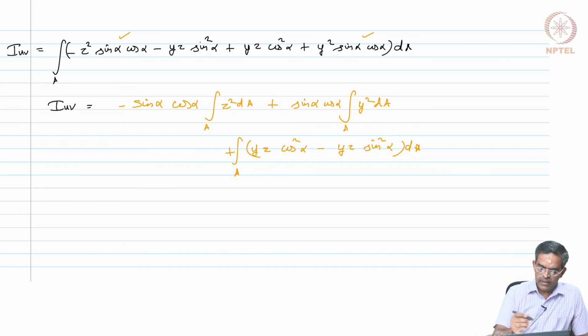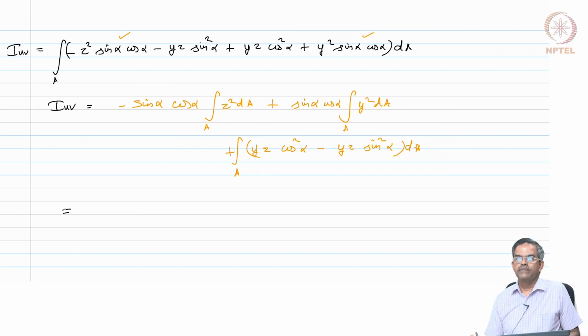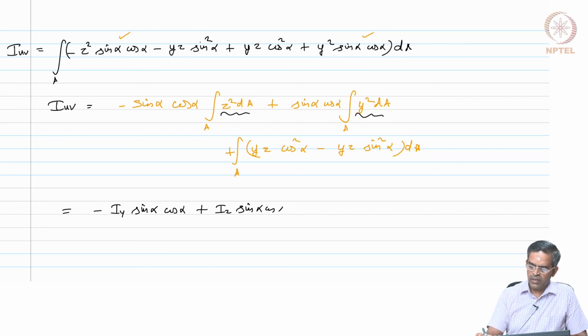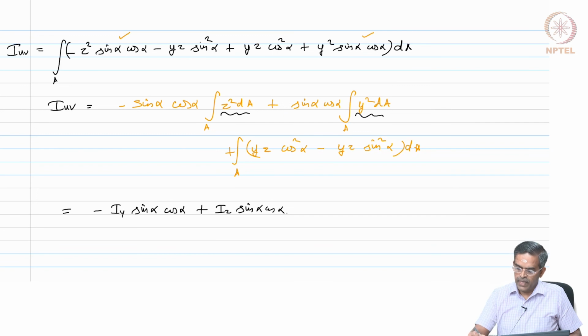So, now I can expand this further. We know this is minus Iy sin alpha cos alpha, and this is Iz, so plus Iz sin alpha cos alpha, plus, you know, the integral of yz dA is Iyz, is it not, times cos square alpha minus sin square alpha.